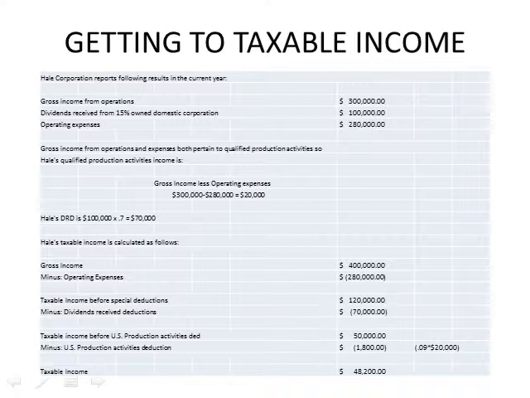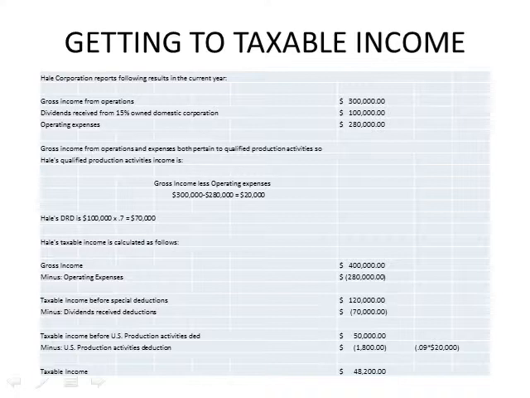Again, we're not in an operating loss situation, so we're able to deduct the U.S. production activities deduction, calculated as 9% of the qualified production activities income we previously calculated of $20,000. That 9% times $20,000 gets us to an $1,800 deduction from the $50,000 of taxable income before the U.S. production activities deduction, which gets us to a taxable income of $48,200 in this example.